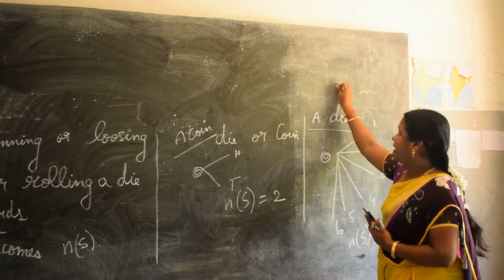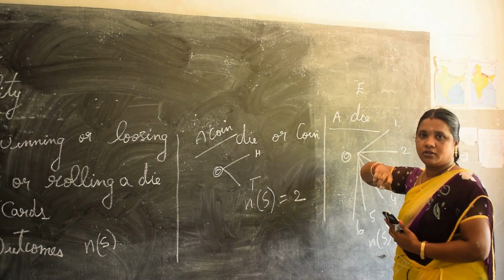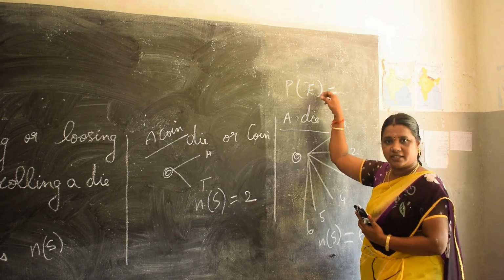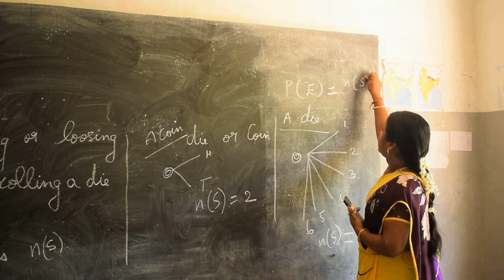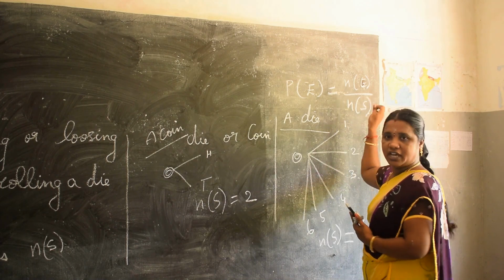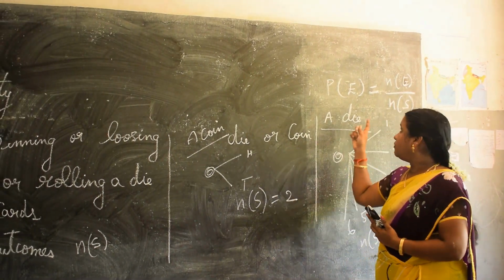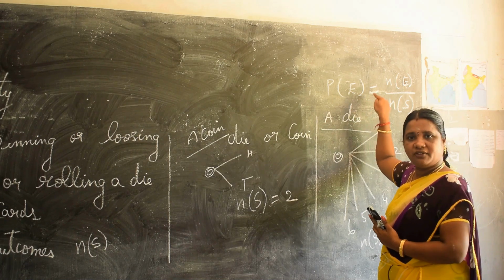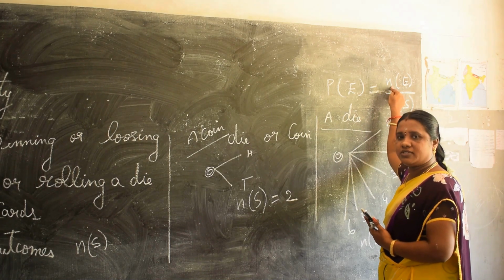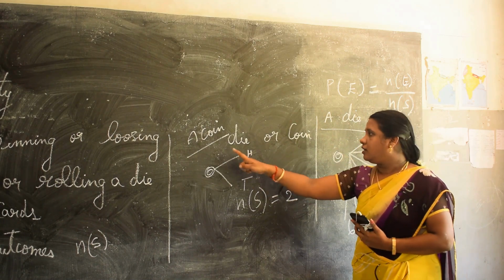Our experiment we can denote by E. So, the probability of an event E is the number of favorable outcomes n(E) by n(S). This is the formula you have to see. For finding the probability of an event, we have to use this formula only. n(E) means the number of favorable outcomes. Now we toss a coin.